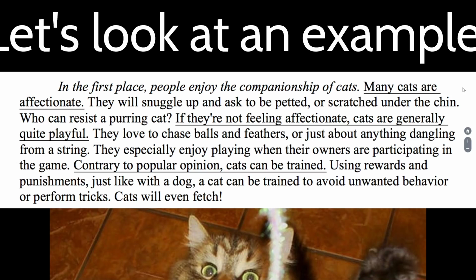What does affectionate mean? Affectionate means a physical display of love. Tender feelings are often displayed through some physical action. If you see a mother with a child, she will often be holding or carrying the child close to her body.